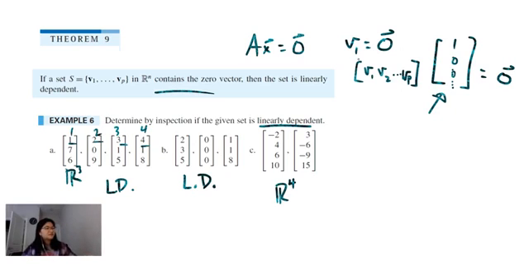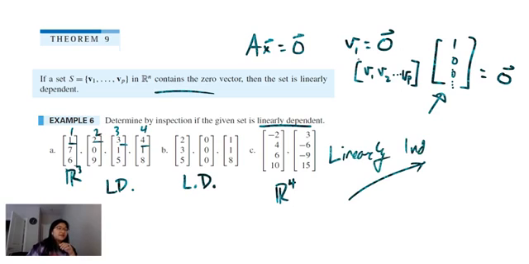But are they in line with each other? Will we multiply by, like, -2? Would that get us there? Nope. So it looks like C is linearly independent.